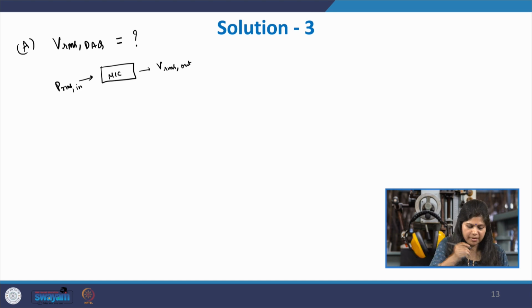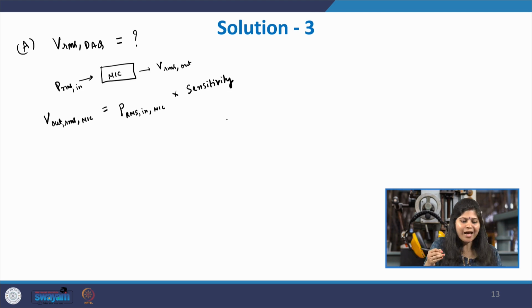Then the V output RMS from the microphone should be simply the pressure PRMS that was input into the microphone multiplied by the sensitivity. That should give you the net output voltage that is coming out of the microphone.